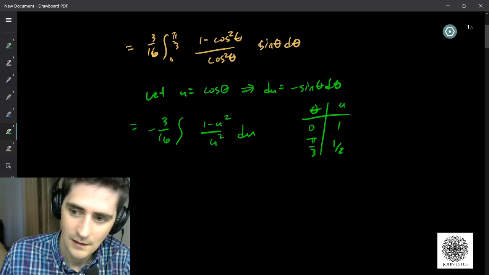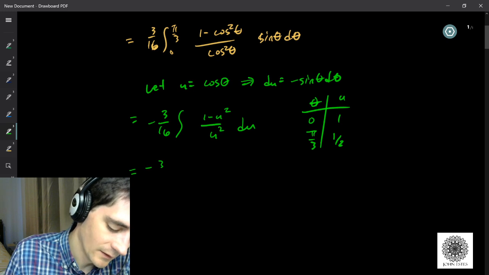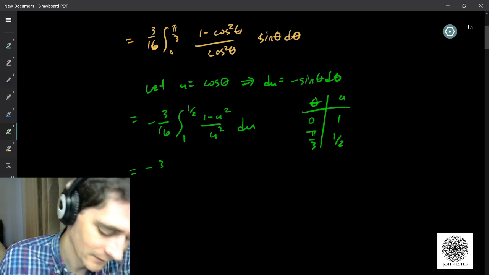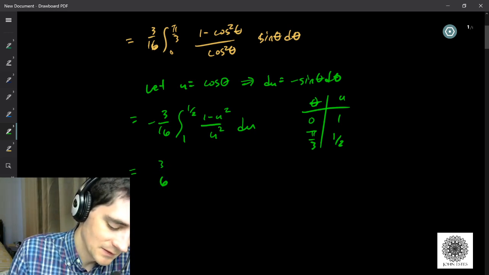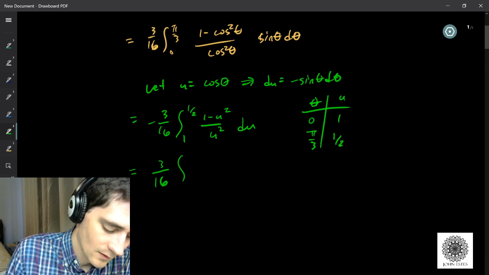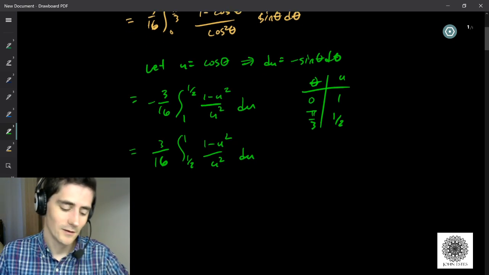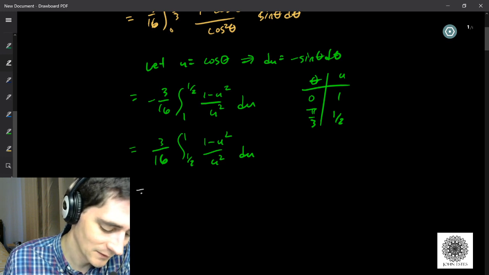So here I have the integral of negative 3/16, going from 1 to 1/2, which seems backwards, right? So we can make this positive again. 3/16, 1/2 to 1, 1 minus u squared over u squared du. We are going all over the place with this, right? That's great. This is exactly what we want, because this is good preparation.